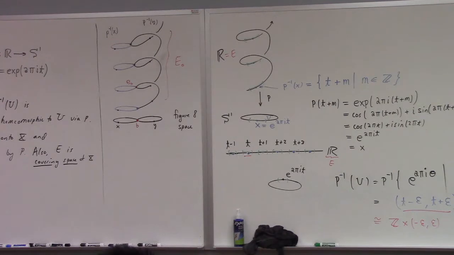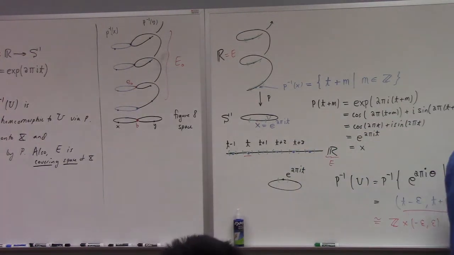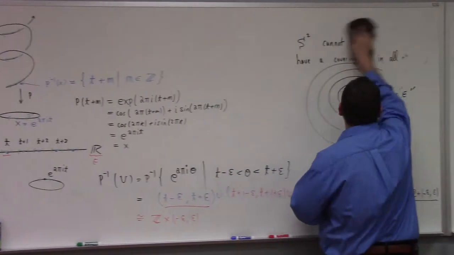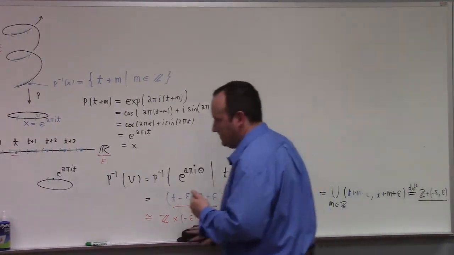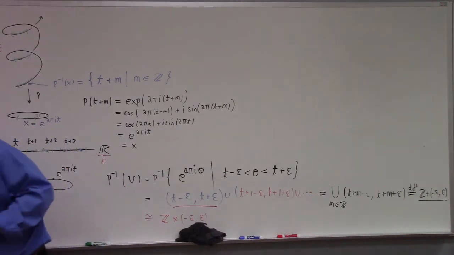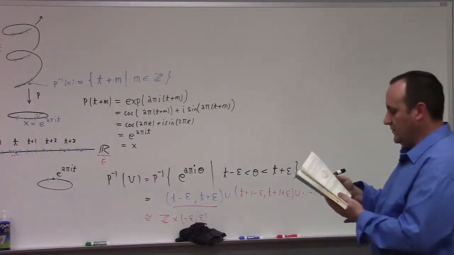All right. And so how did we define n projective space? You guys remember? Yeah, it's a quotient space.